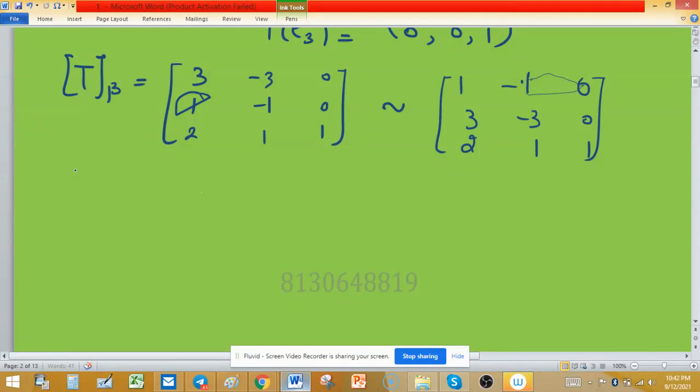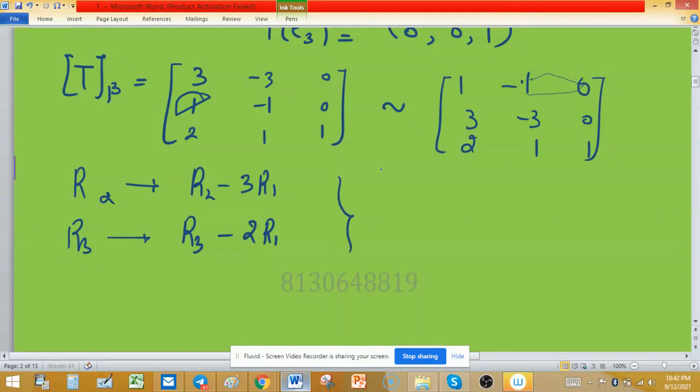Now put two elementary row operations together. We change R2 to R2 − 3R1, and R3 to R3 − 2R1. Using these two elementary row operations, we have rows (1, −1, 0), (0, 0, 0), (0, 3, 1).